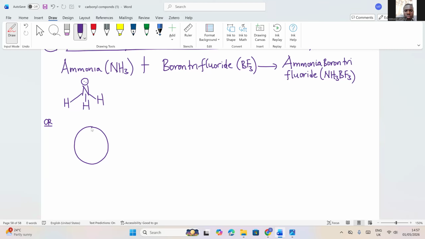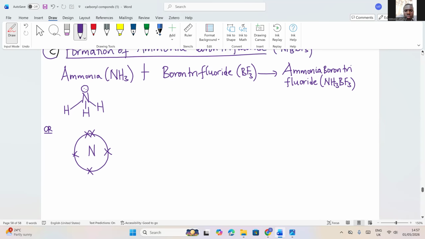I think nitrogen is element 7, so it has 5 electrons in the outermost shell. 1, 2, 3, 4, 5. So this is N. Then for nitrogen to bond with the hydrogen, it is going to share electrons.